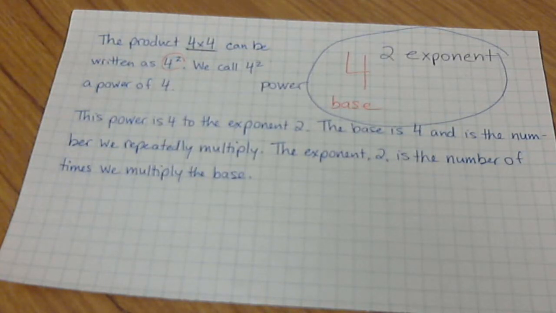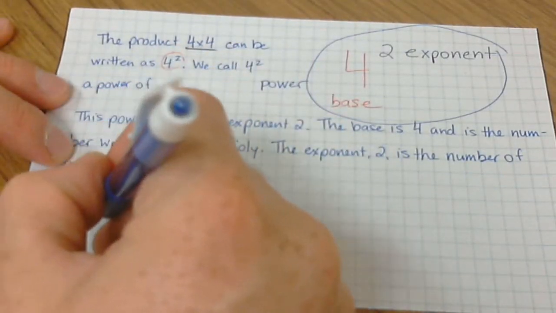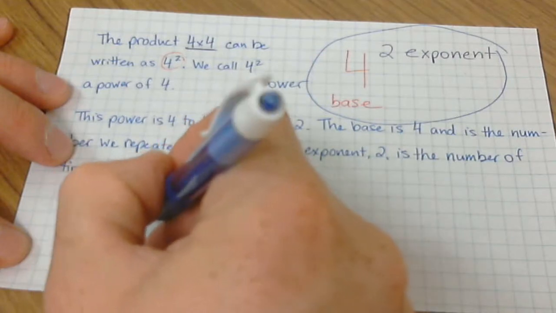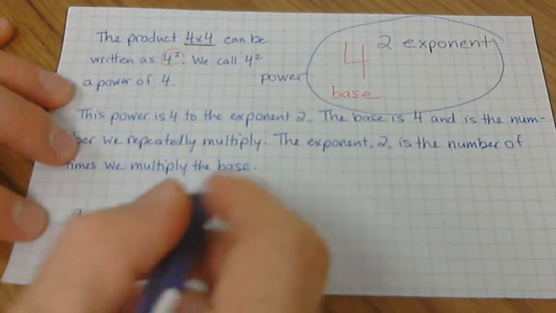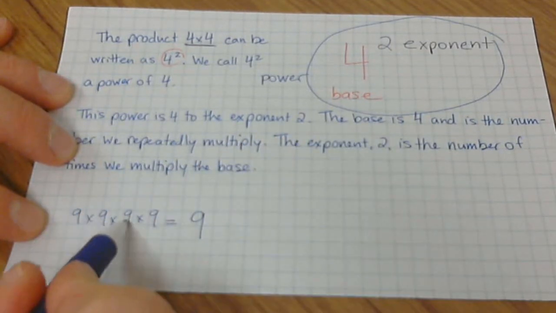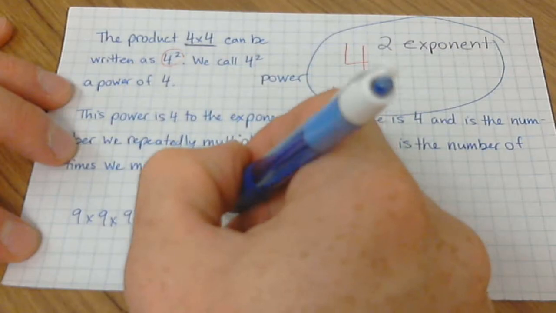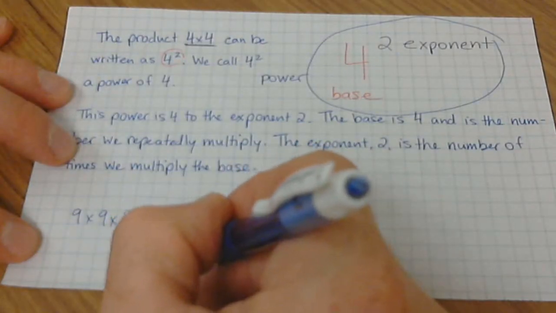The exponent 2 is the number of times that we multiply the base. So you could have something like 9 times 9 times 9 times 9, and we know that the number that is getting repeatedly multiplied is 9, and the number of times it gets multiplied is 4. So 9 is our base, 4 is our exponent.